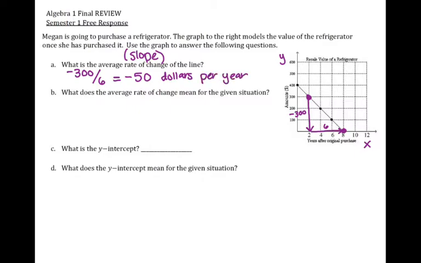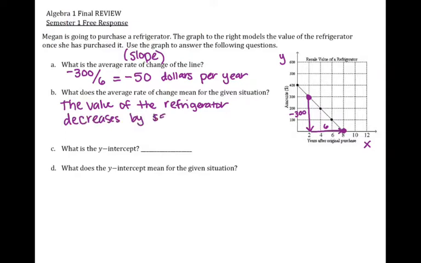So that means the value of the refrigerator decreases, because the slope is negative, decreases by $50 each year. So that is what the slope, or your average rate of change, represents.